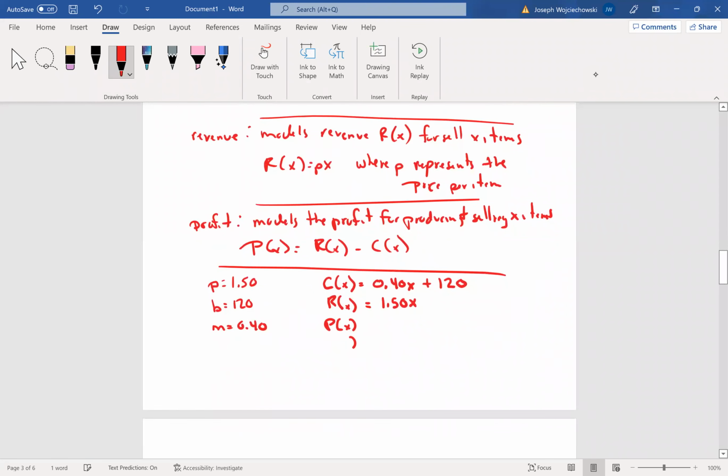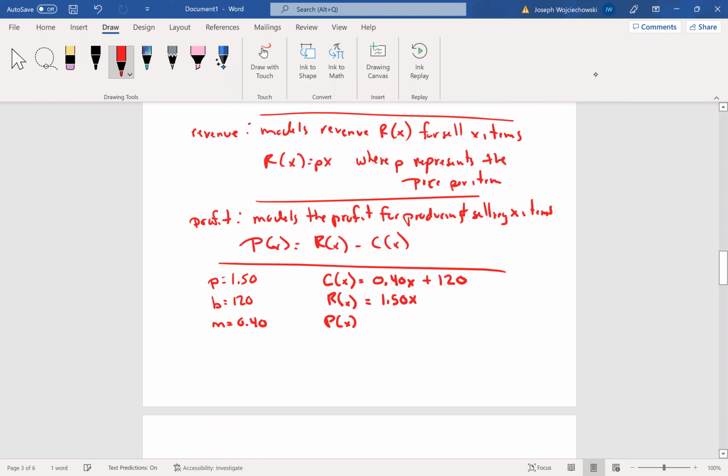The profit function is simply, this is where you have to be careful, R of X minus C of X. See, I told you had to be careful. R of X minus C of X. So this is R of X, 1.50X, minus C of X, 0.40X plus 120.